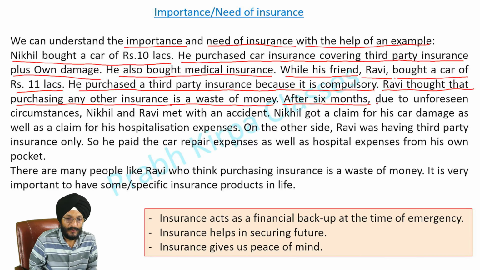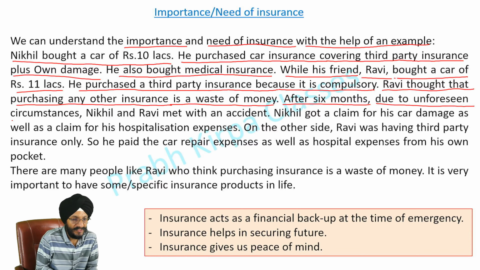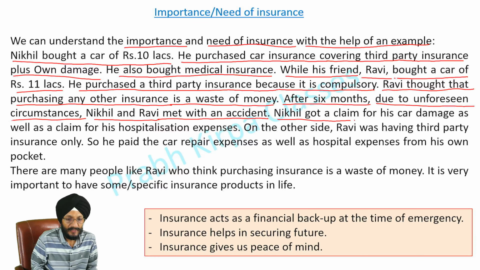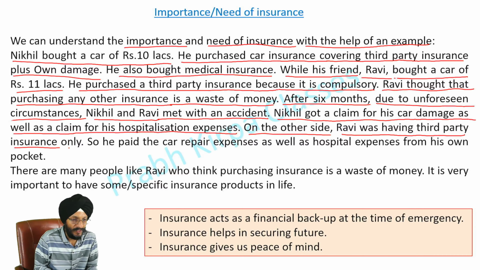After 6 months, due to unforeseen circumstances, Nikhil and Ravi met with an accident. Nikhil got a claim for his car damage as well as a claim for his hospitalization expenses. On the other hand, Ravi was having third party insurance only.